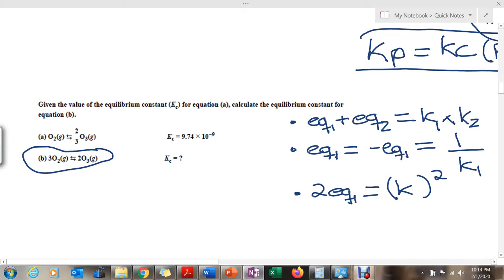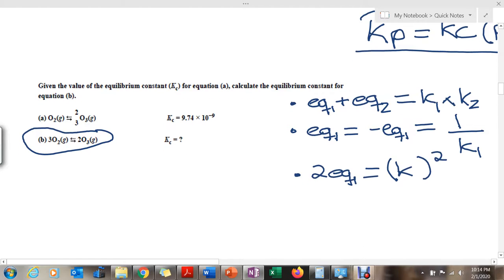Okay, so let's do this one. What we have to look at is that they're asking for the Kc of this, and you look at the difference between these two. The difference is that here you multiply by 3 to eliminate this. You've got 3O2 multiplied by 3, which cancels out the 3 fraction, I2.